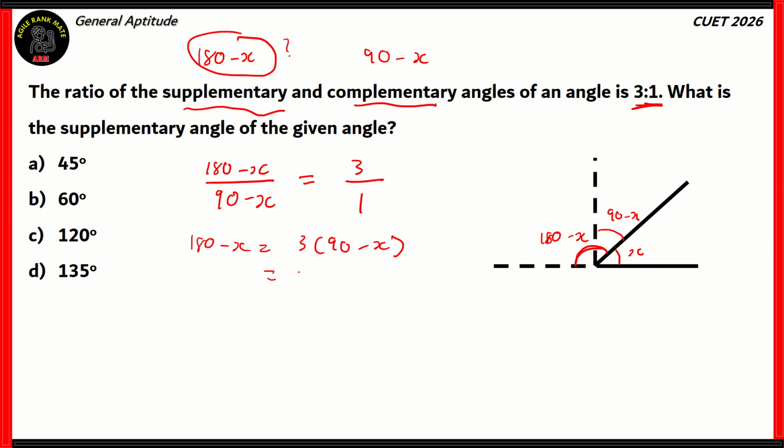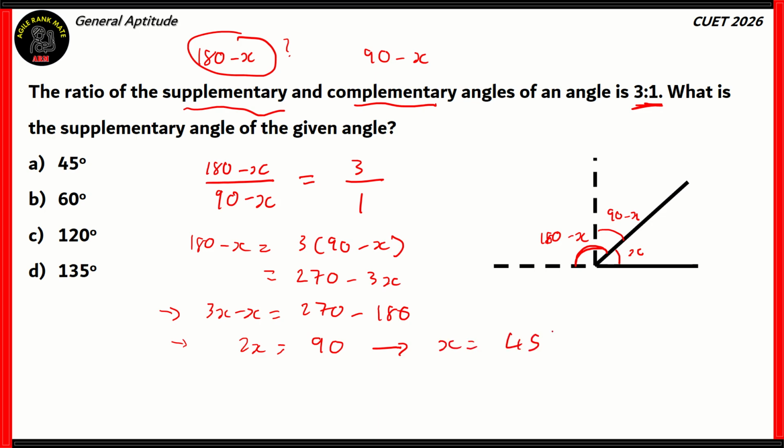Working on the right hand side, that will be 270 minus 3x. Let's take the x's to one side and the values to the other. So you get 3x minus x equals 270 minus 180. Left hand side gives you 2x, right hand side gives you 90, because 27 minus 18 gives you 9. So 2x equals 90, therefore x equals 45 degrees.